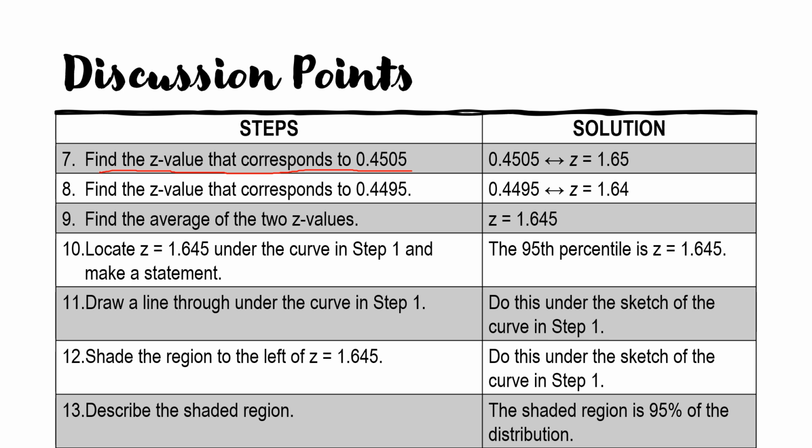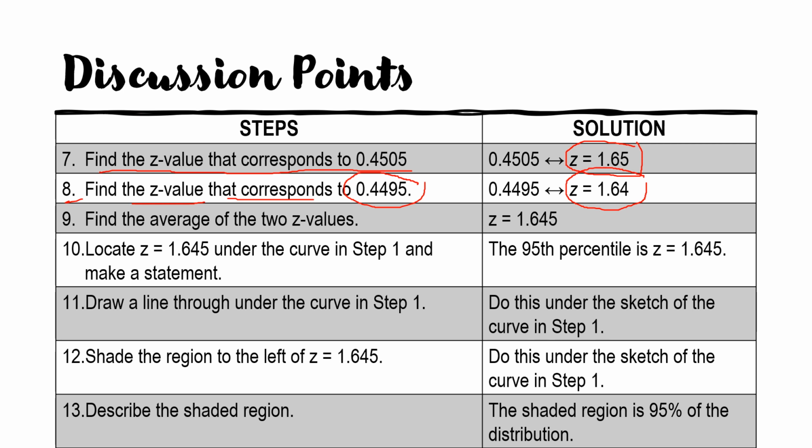That will be 1.65 there in your z table. For step number 8, find the z value that corresponds to 0.4495. That will be 1.64 as your z value that you can map to your area, which is equal to 0.4495.